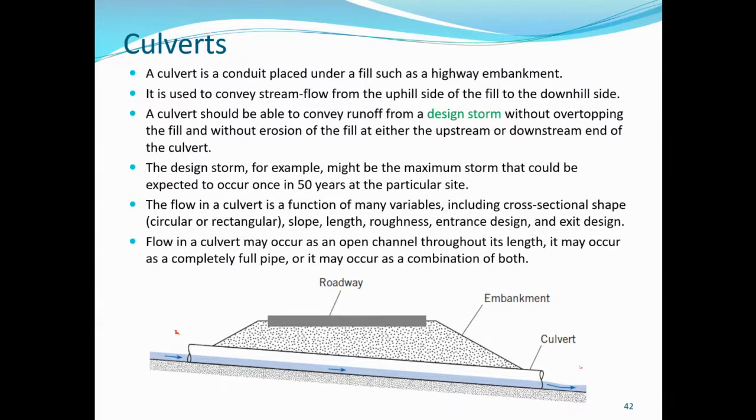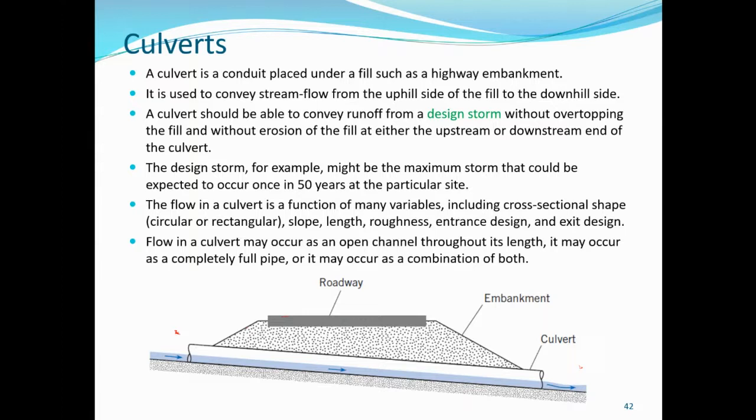A culvert should be able to convey runoff from a design storm without overtopping. When it rains, it should be able to drain the water in the area without overtopping, without water filling it and, let's say, coming onto the roadway, and without erosion of the field at either the upstream or the downstream end of the culvert.